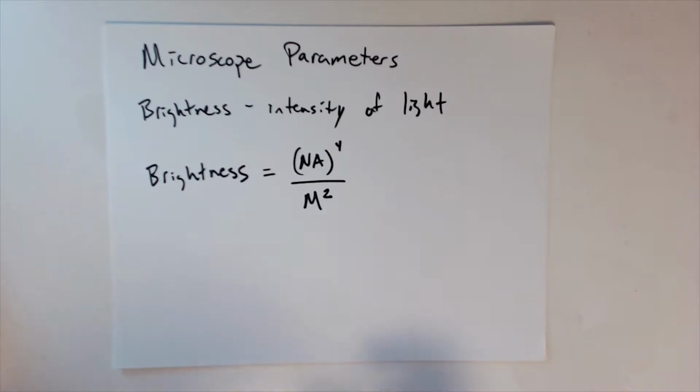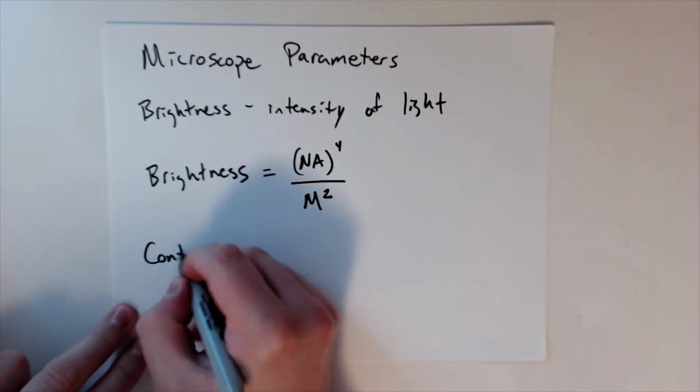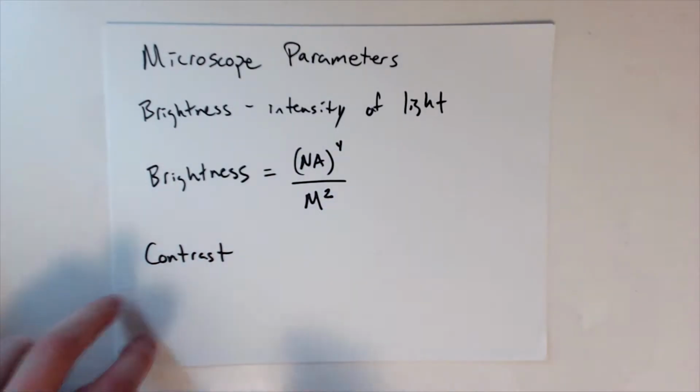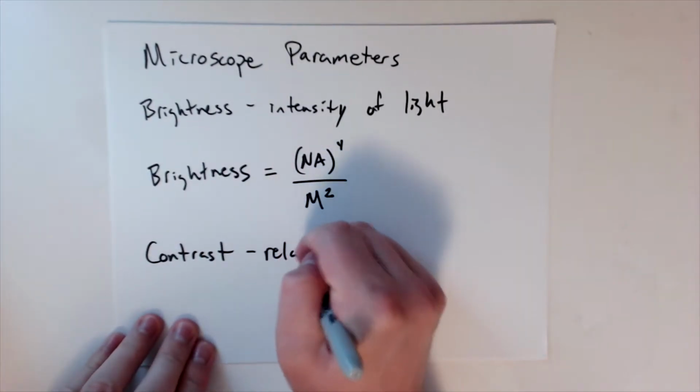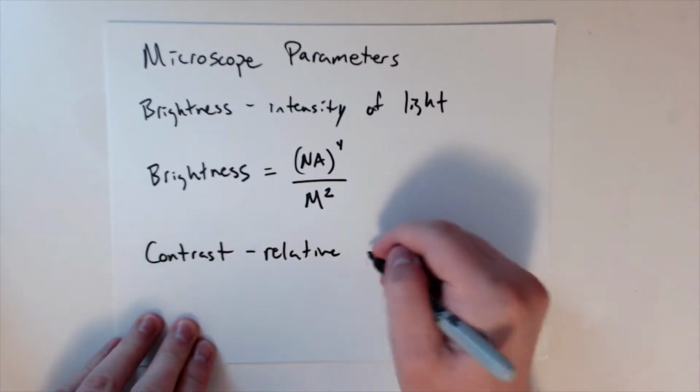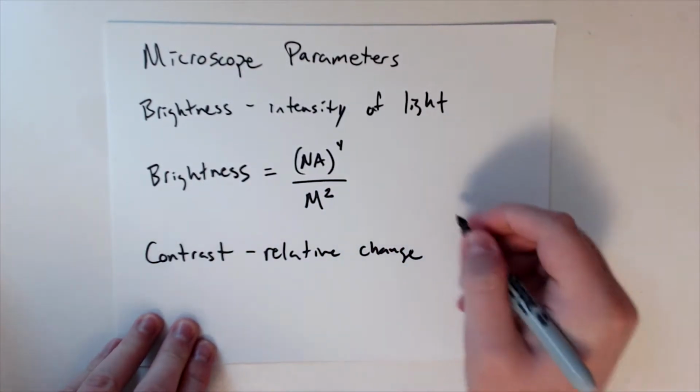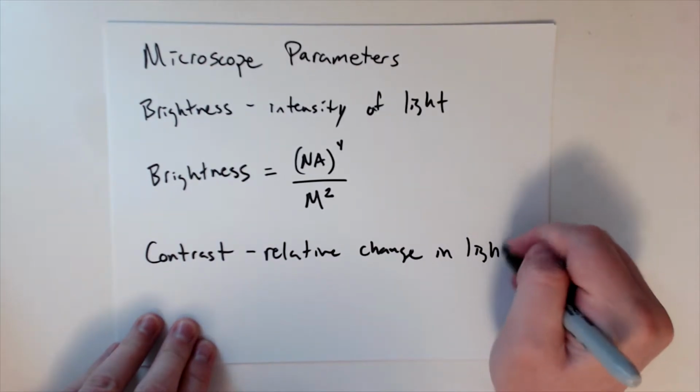All right, next I want to talk about contrast. Contrast and brightness are often described together. This refers to the relative change in light intensity.